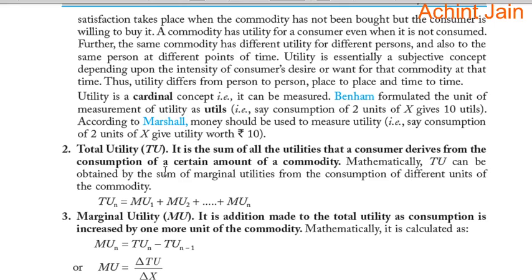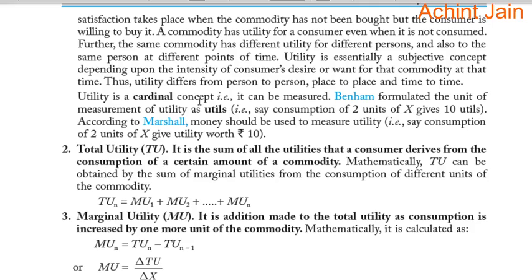For example, a pizza offers greater satisfaction to a consumer than a chapati, because nowadays you people prefer pizza instead of chapati. According to this approach, utility cannot be measured in units. Rather, a consumer can just rank his preference from the most preferred to the least preferred bundles. Bundles means combinations of products.